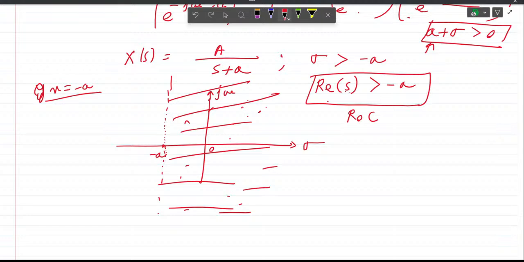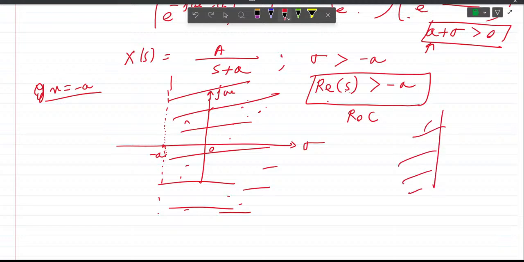As we are assuming that all the networks are causal, we will always have the right-hand side ROC. When you go for signals and systems, you will find that the ROC may be left-sided, right-sided, or a strip like this.